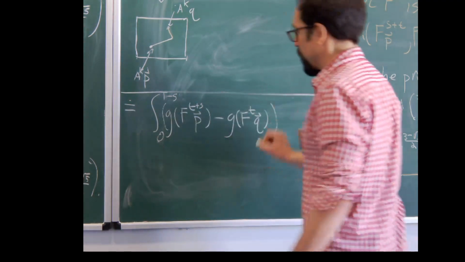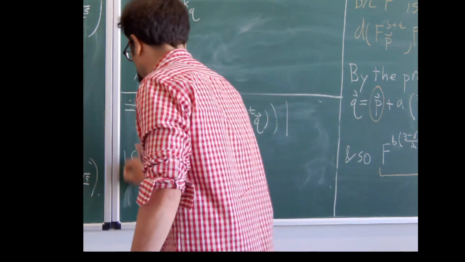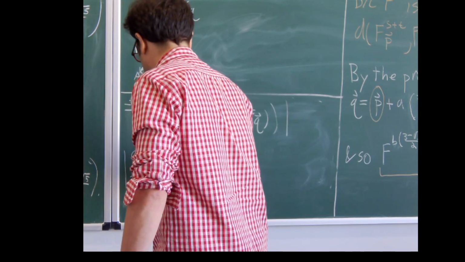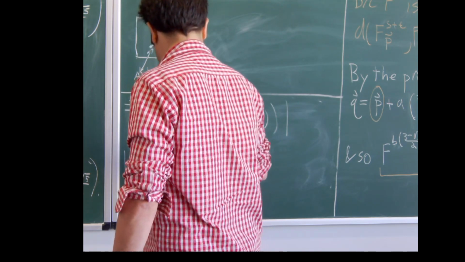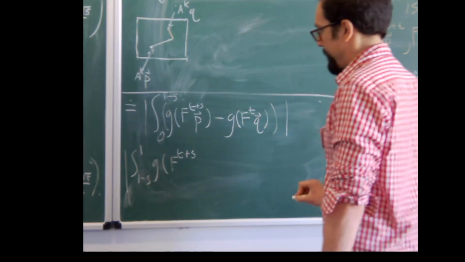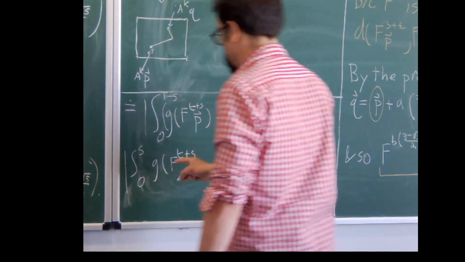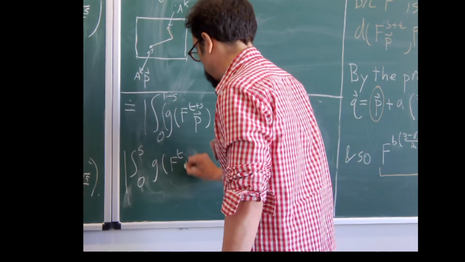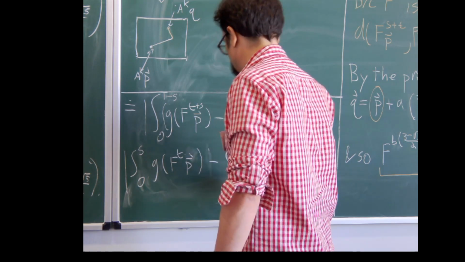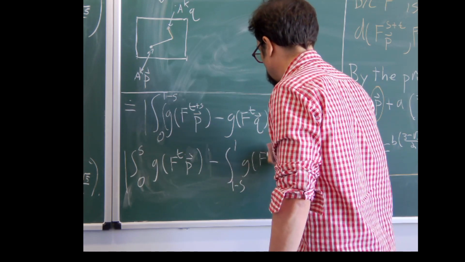Okay, I've got this term. And then I've got two smaller terms. I should put absolute values over everything: the integral from 0 to s of g of f to the t of p, minus the integral from 1 minus s to 1 of g of f to the t of q.